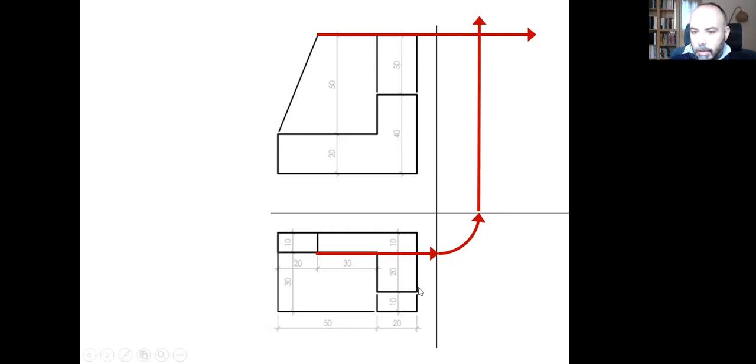If we were asked to draw the right side view, then we can do this transferring towards this left part of the drawing, and the same will happen.